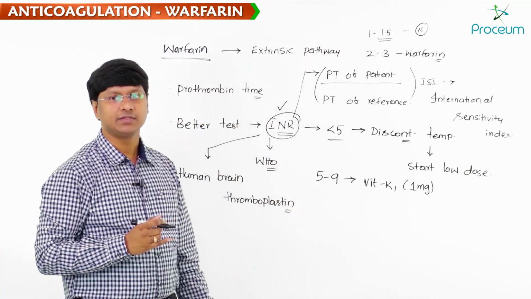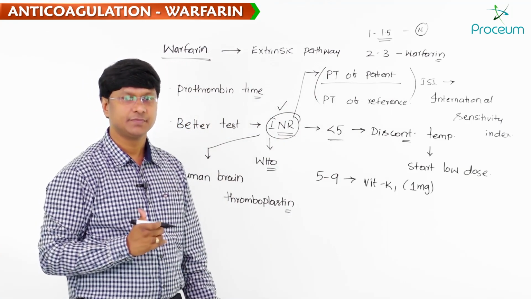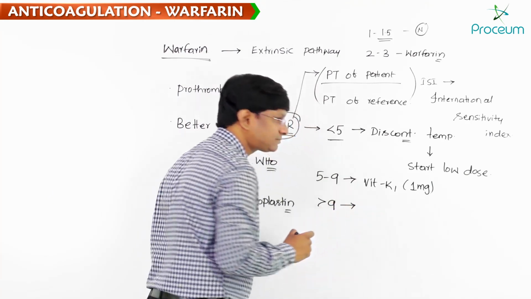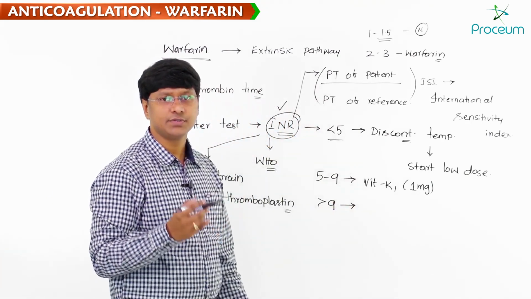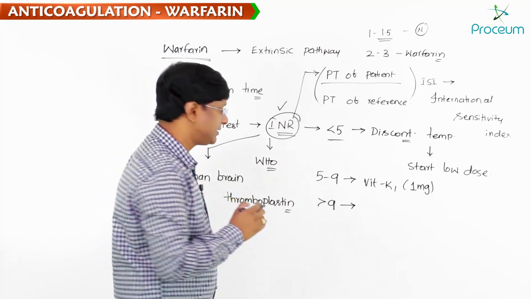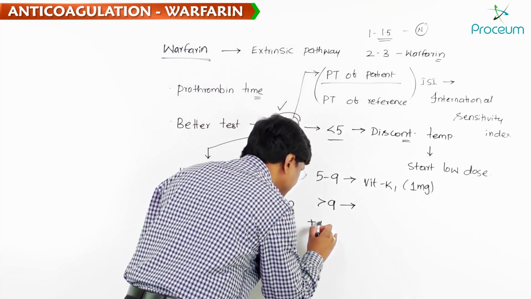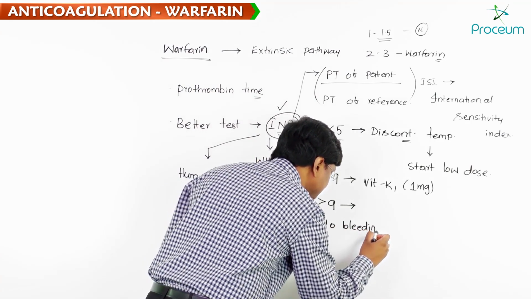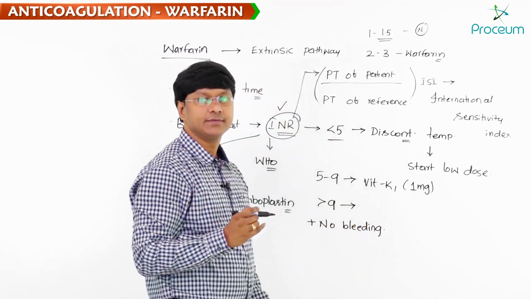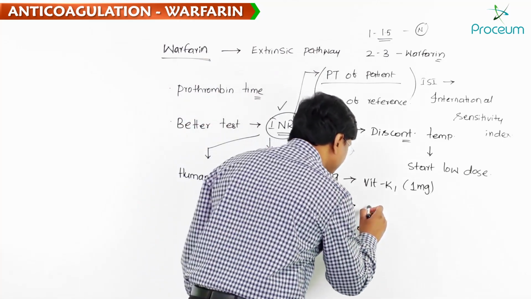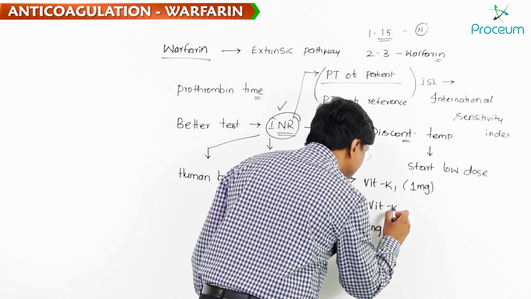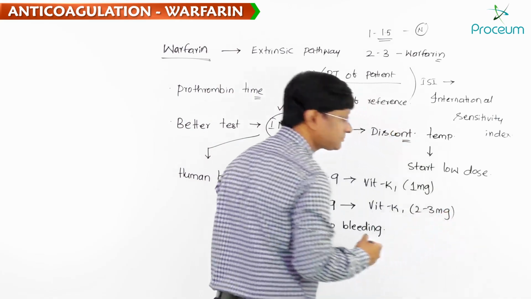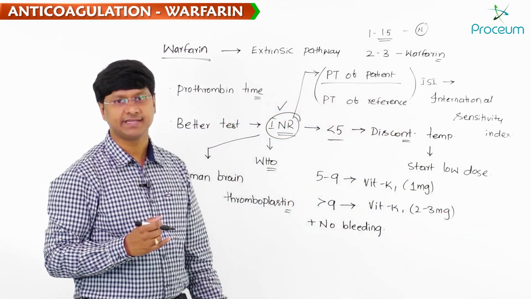And if the INR is more than 9 but there is no bleeding, then you have to give vitamin K1 of 2 to 3 milligrams.